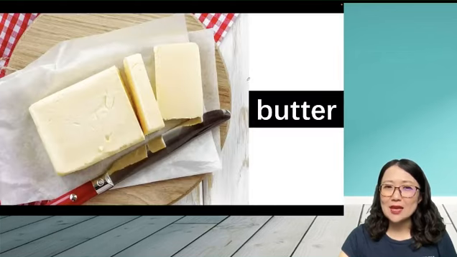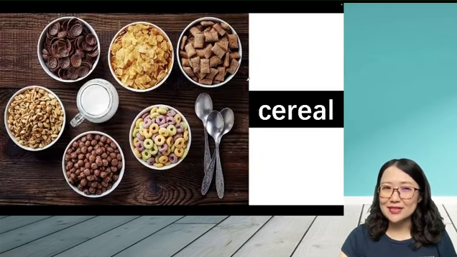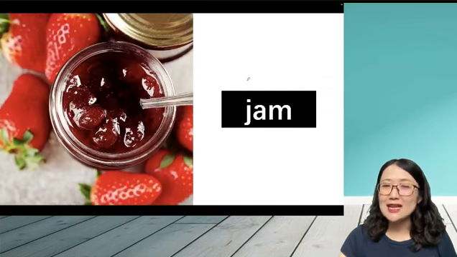And now, let's take a look at each word one by one. So you see, the first one is butter, right? Butter. Or we can say it's butter. And the next one, cereal. Cereal. 就是麦片 cereal. And the next one, jam. Jam. And what about next one?